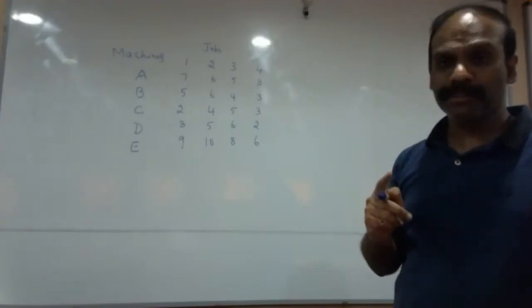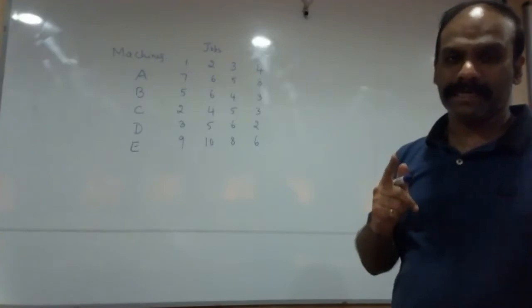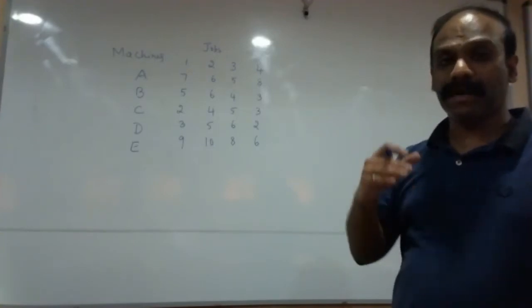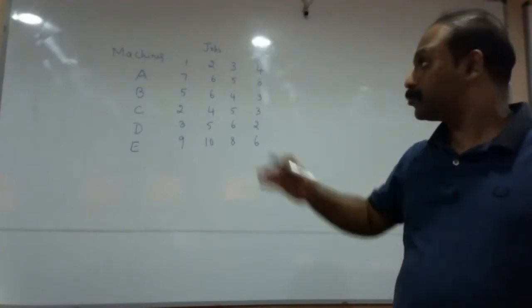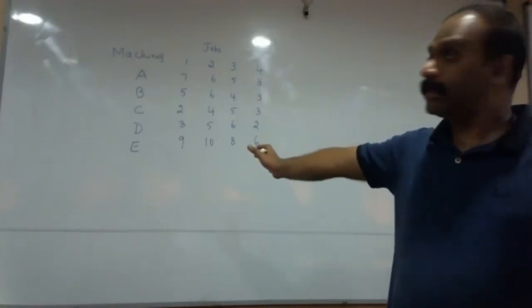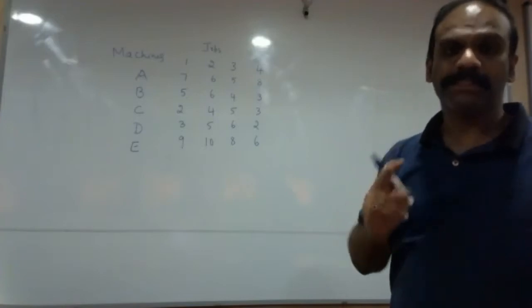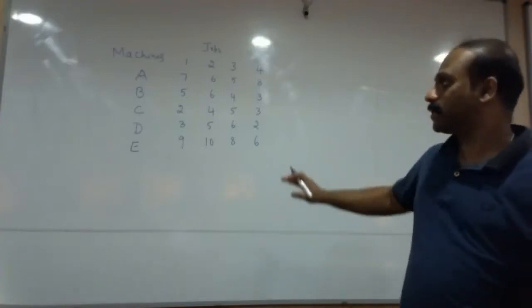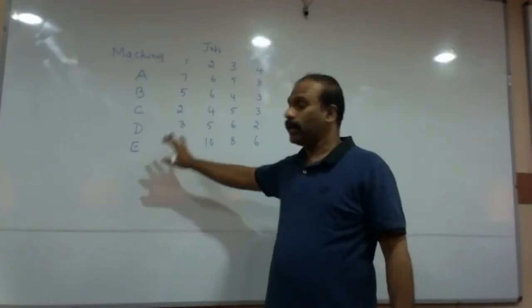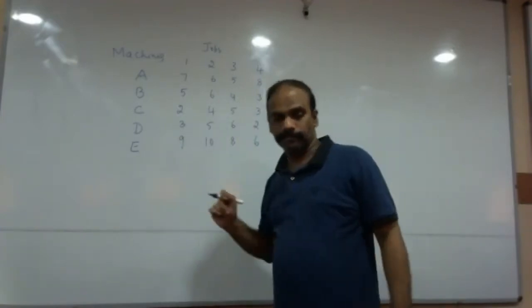If exactly 3, it is case 2. And if more than 3, then it belongs to case 3. Here we are not concerned about the number of jobs. It is always the number of machines which becomes important. Here there are 5 machines, and therefore this belongs to case 3.